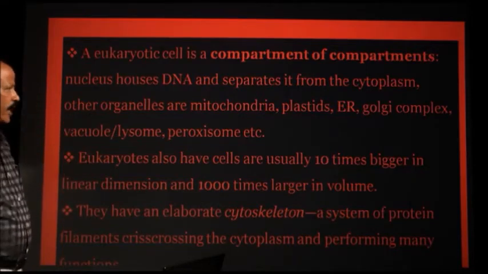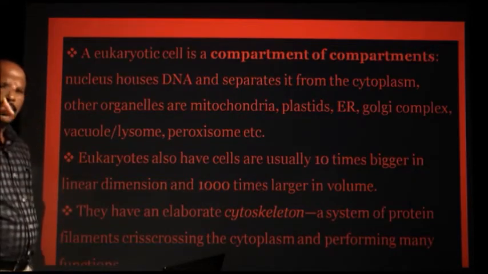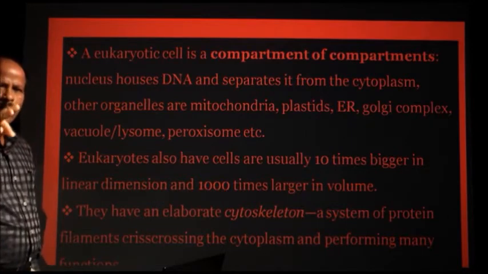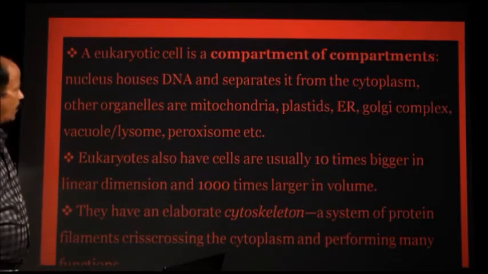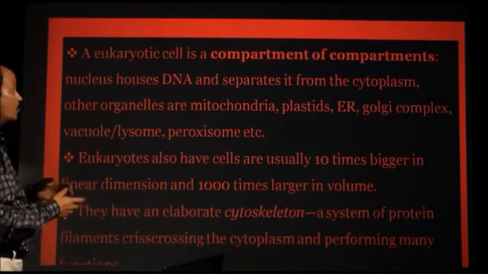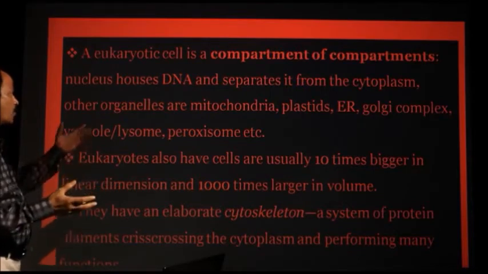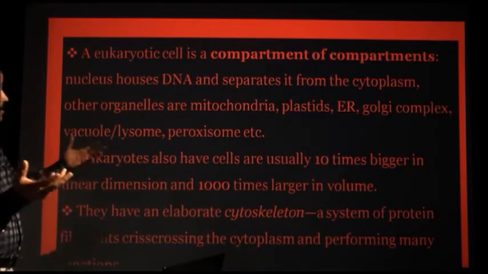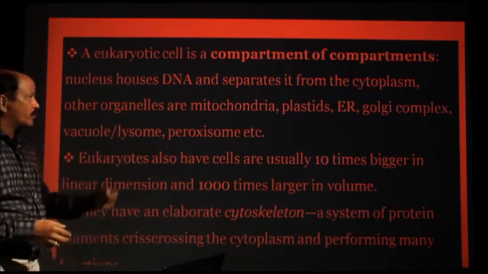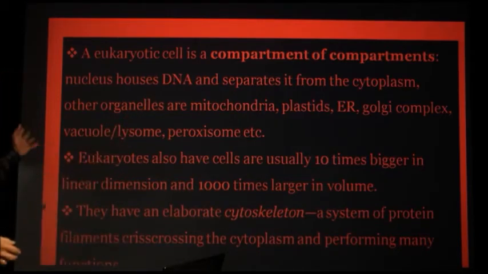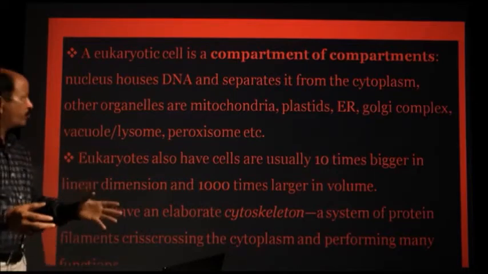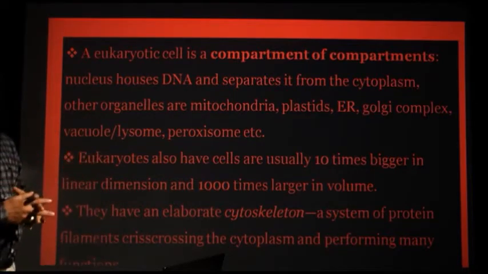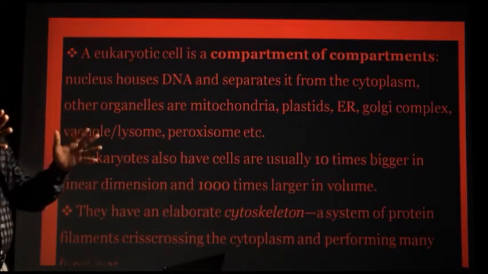In addition to that, they have many internal membrane bound organelles, and many organelles we know: mitochondria, which they call the powerhouse of the cell, plastids, which are also the powerhouse of plant cells, endoplasmic reticulum, Golgi complex, vacuole or lysosome, peroxisome. These are the membrane bound organelles within the eukaryotic cells.